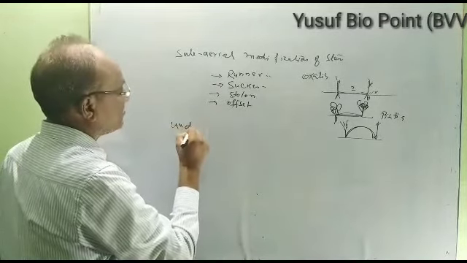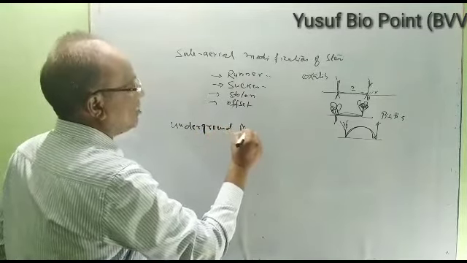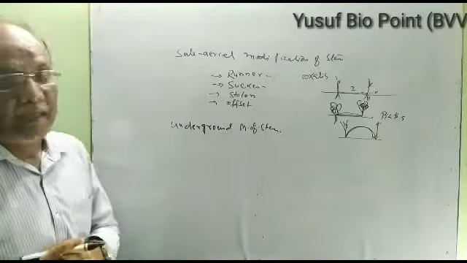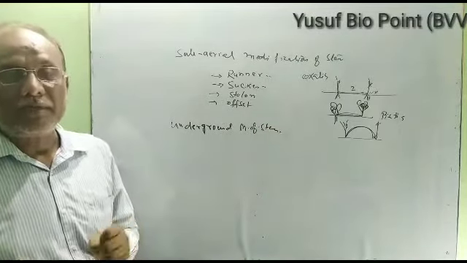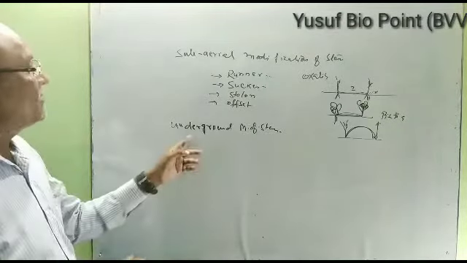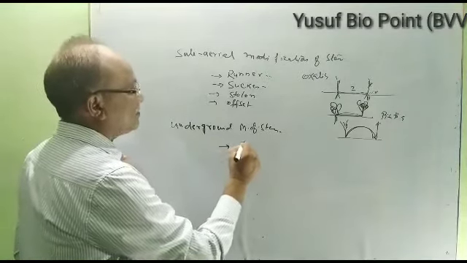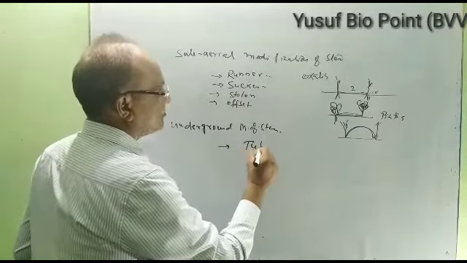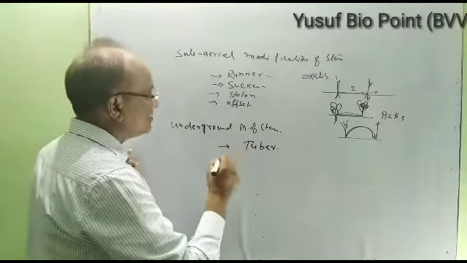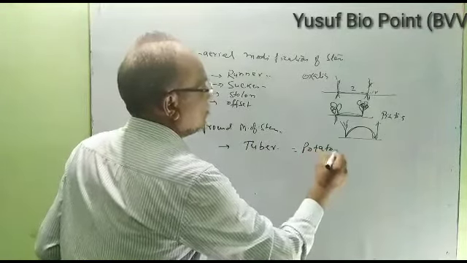Now, underground modification of stems. There is also the stem, but it is found within the soil, means that is underground. There are also the following types: tuber, that is potato.